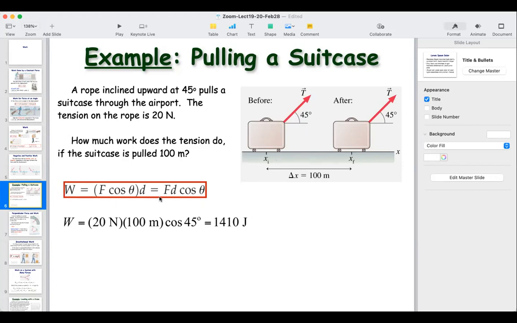We know that the work is only done along the displacement. So we have F cosine of theta multiplied by the displacement, which gives 20 Newton multiplied by 100 meters, which is the displacement, cosine of 45 degrees, which gives you 1,410 joule.